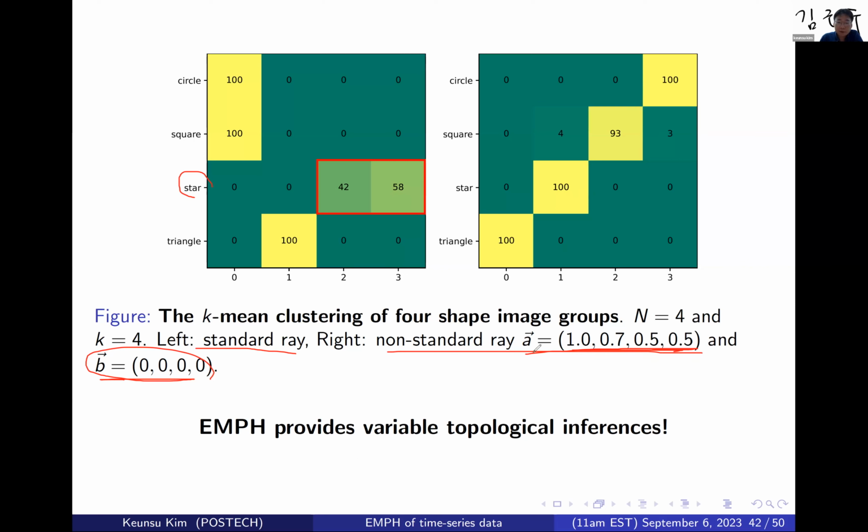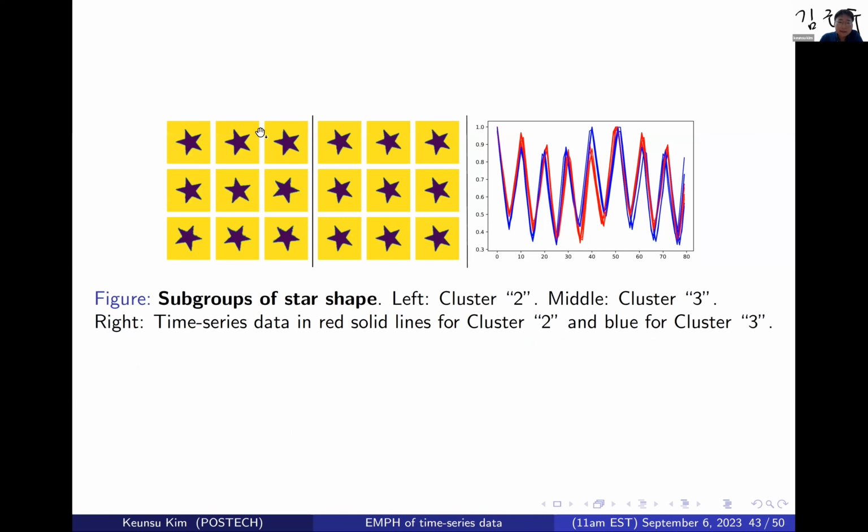So EMPH provided variable topological inference. And we plotted the subclasses of stars. The left one comes from cluster 2, and the middle one comes from cluster 3.